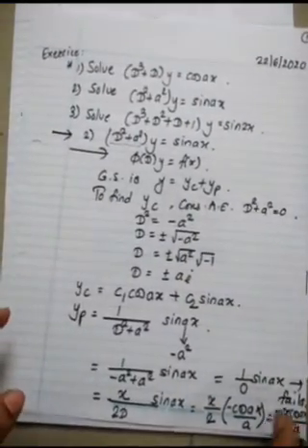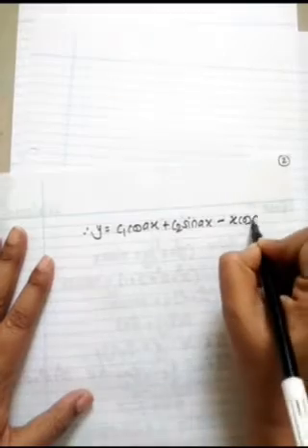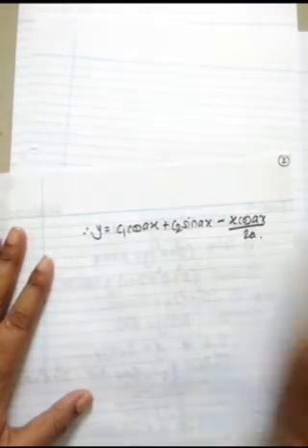Therefore, the general solution is y is yc, that is c1 cos ax plus c2 sin ax, plus yp, which is minus x cos ax upon 2a. Done. This is the answer.